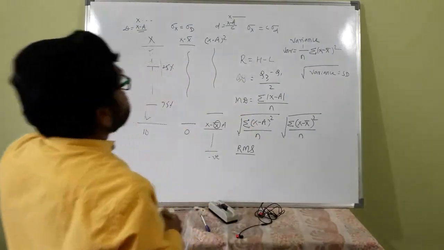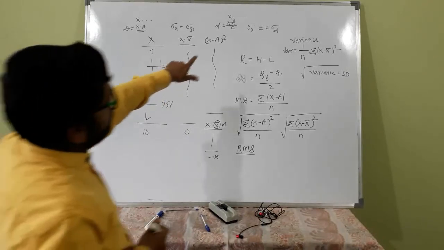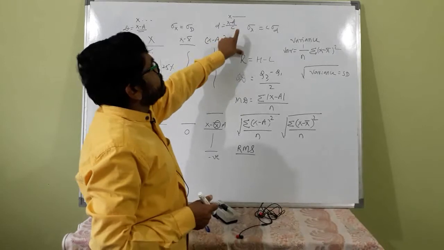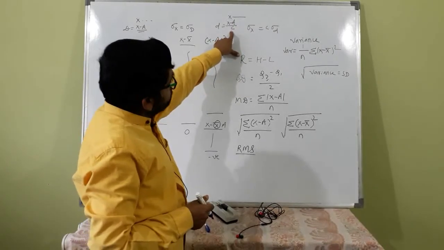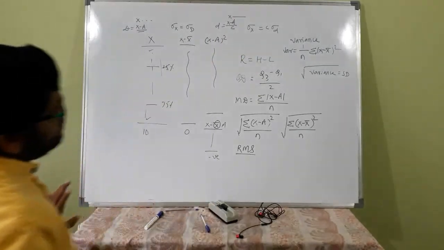That is, standard deviation is dependent on scale, this is called as origin, this is scale. So sigma x is equal to c times sigma d.